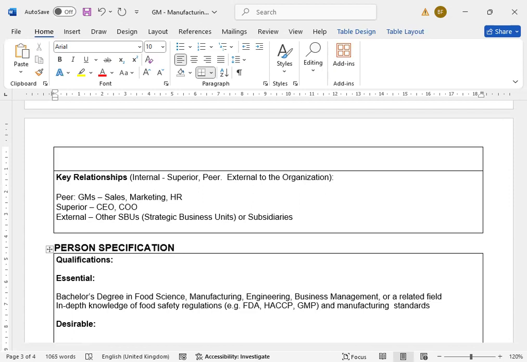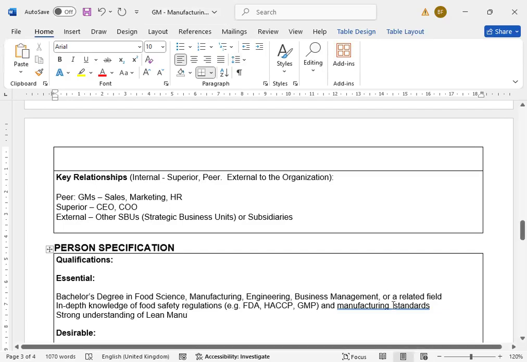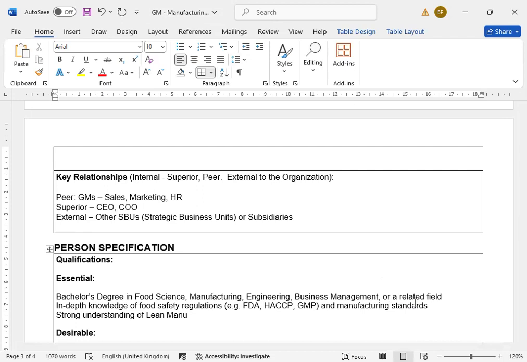What else? A strong understanding of lean manufacturing. Very important. Some companies don't hire you if you don't have knowledge of lean manufacturing.